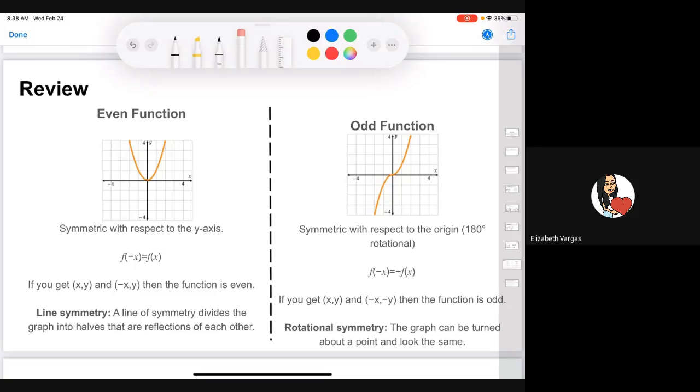So what did we learn today? Well, we learned that an even function is symmetric with respect to the y-axis. So basically, it follows what we know as line symmetry. Okay.